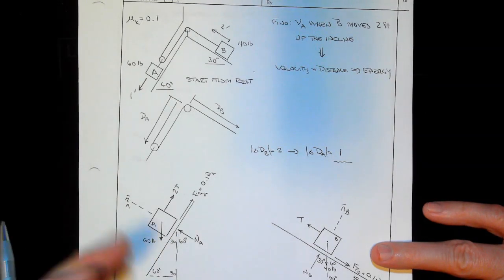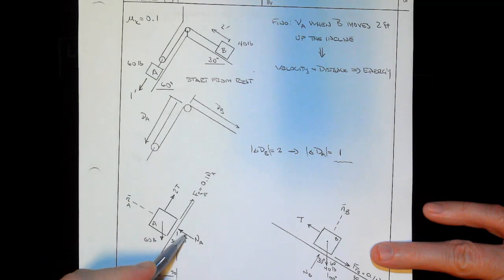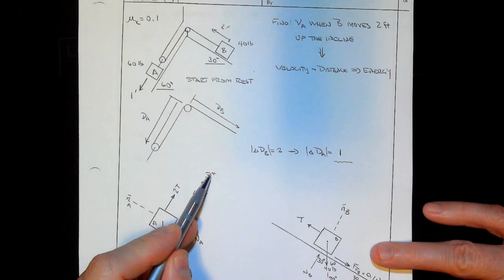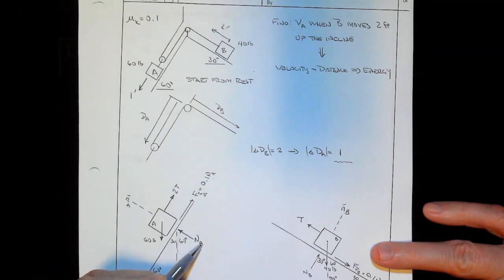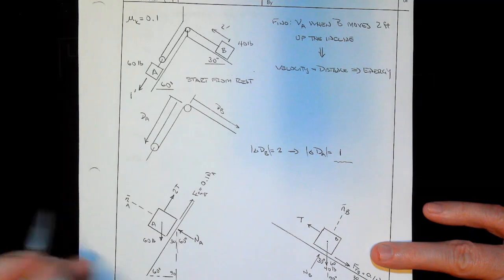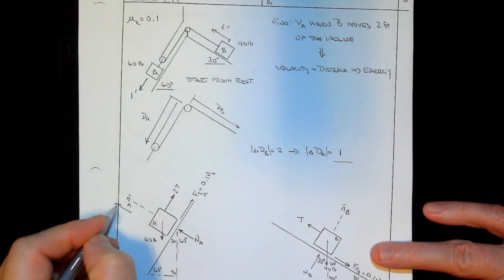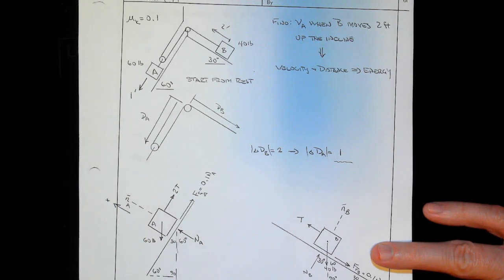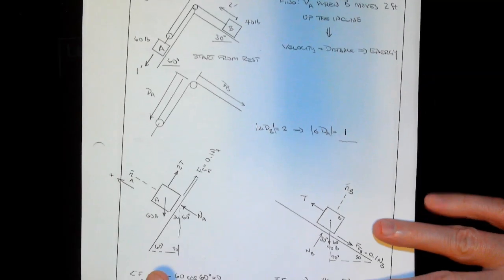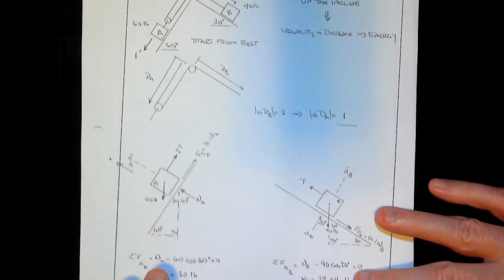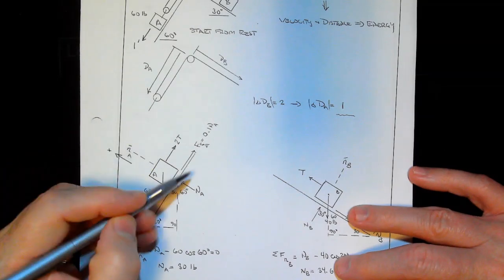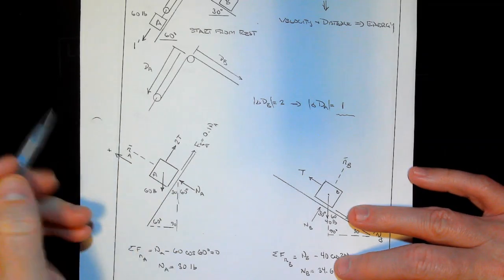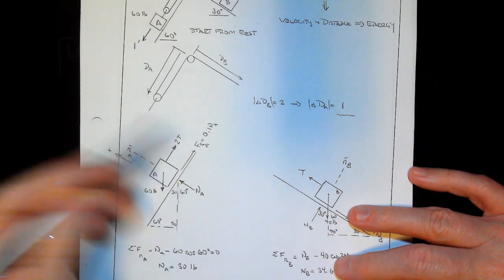All right. Now, we need to figure out this normal force, because the normal force will determine the friction force. That's why I call that NA over here. So, if we sum the forces along the normal, where I'm letting this direction be positive, NA is going this way, and the friction is perpendicular, so don't have to worry about that.